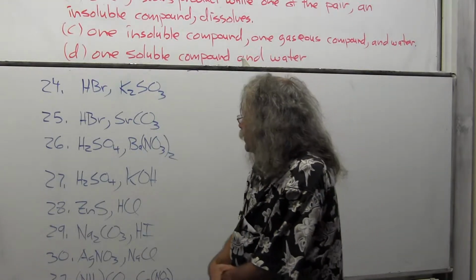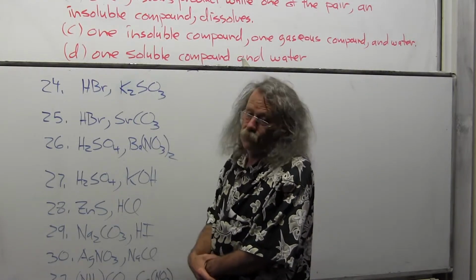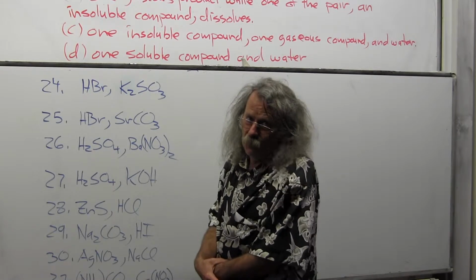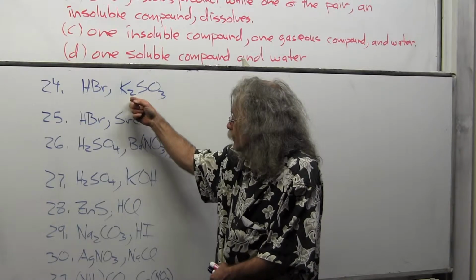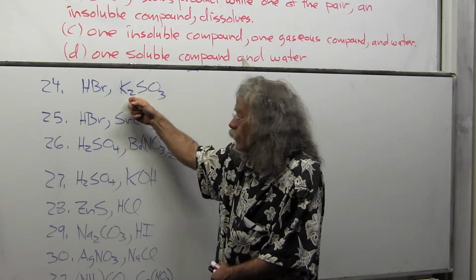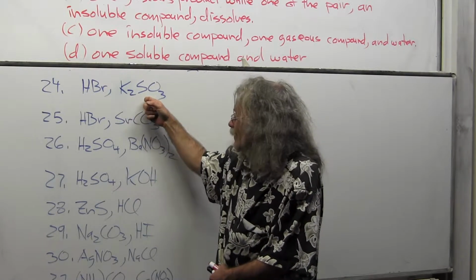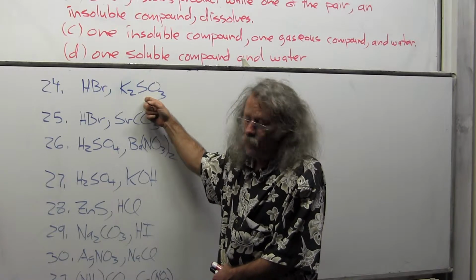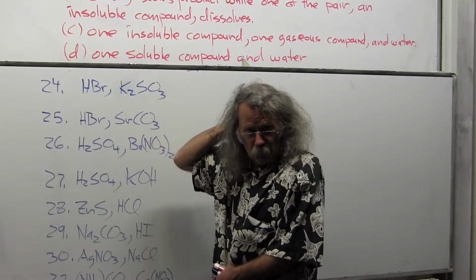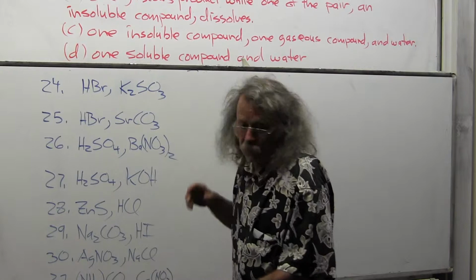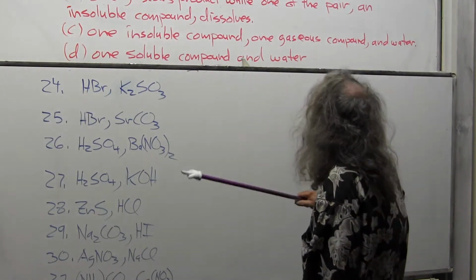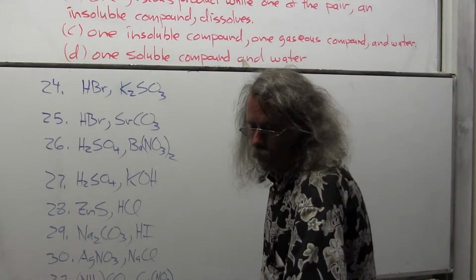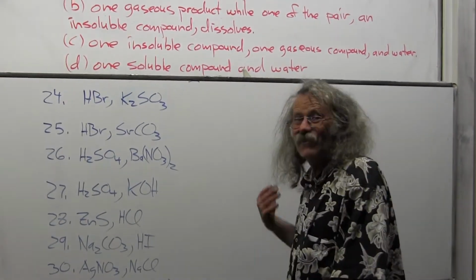So we check the solubility rules, and hydrogen bromide is indeed soluble in water as hydrobromic acid. And the second of the pair is a potassium salt. It doesn't matter what the anion is, it is going to be soluble in water. So we've eliminated anything involving an insoluble compound.